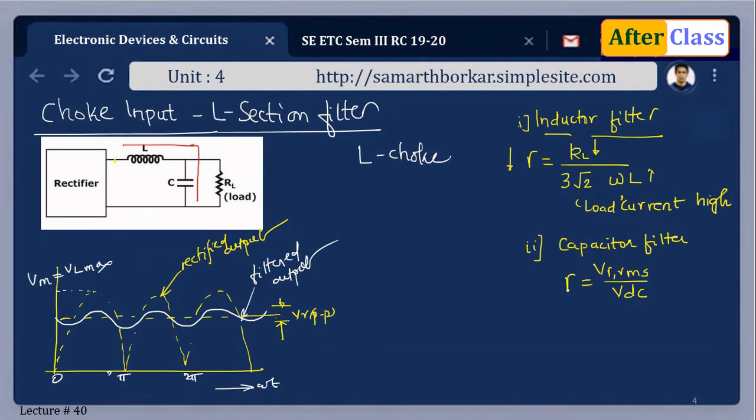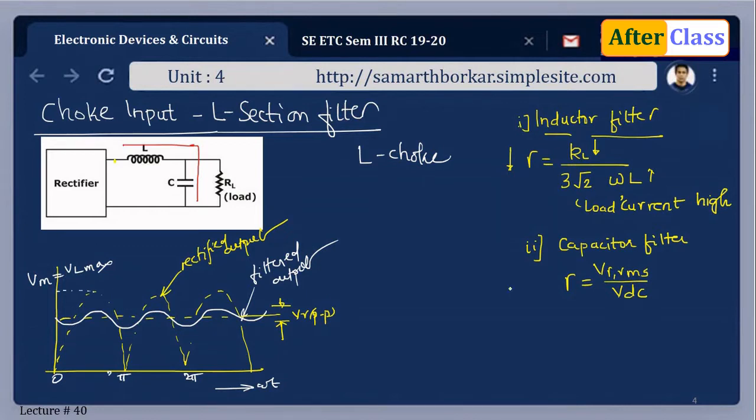Fine. Now as far as ripple factor is concerned, it is simply the ratio of unwanted signal to wanted signal. And what we want here is a flat line, a constant value of VDC. But in practice what we get is this ripple. So we have to calculate how much this ripple content is, which is normally expressed in terms of percentage. Fine.